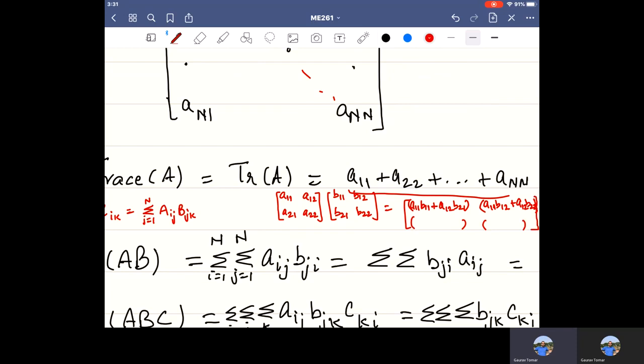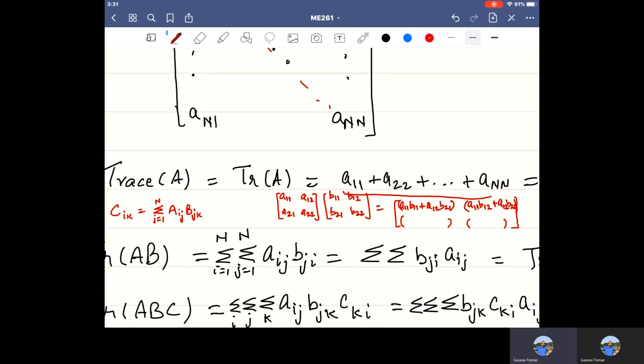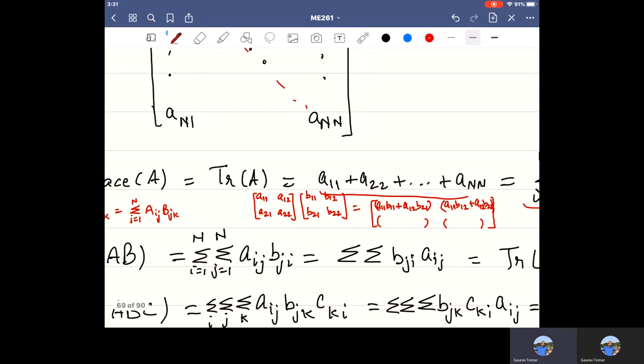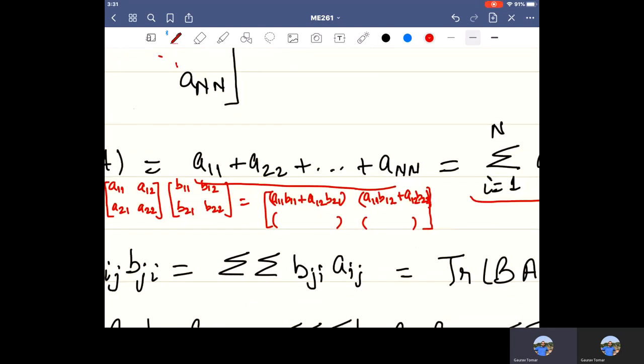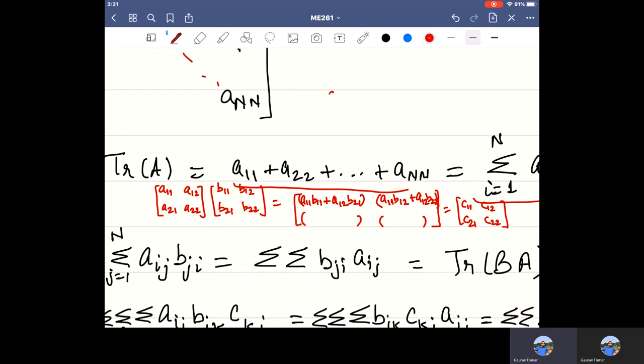If you want to break these elements down further, let's say we look at the element C_ik. Here you have a system where you have C11, C12, C21, and this is the resultant matrix C. Now you can write C11 as the summation of A_1j B_j1, with j running from 1 to 2.